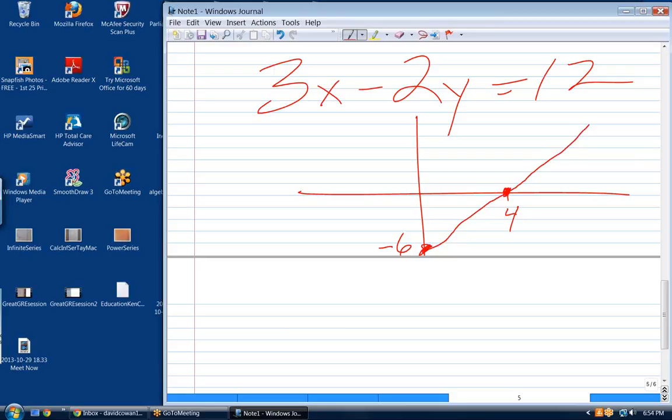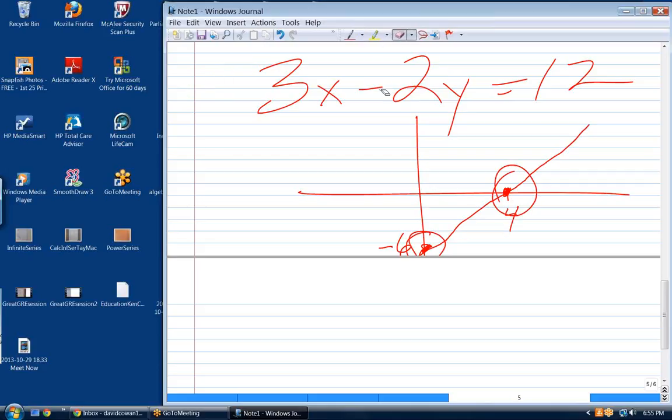So if you're given the equation in standard format, it's the easiest to graph, because it's real easy coming up with the x-intercept, it's real easy coming up with the y-intercept, and you just connect the dots. Okay?